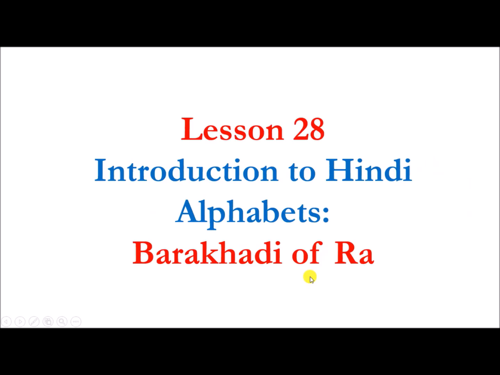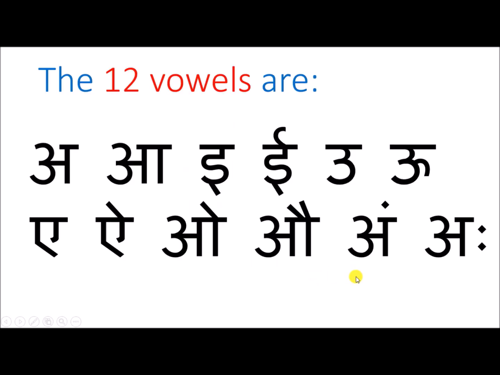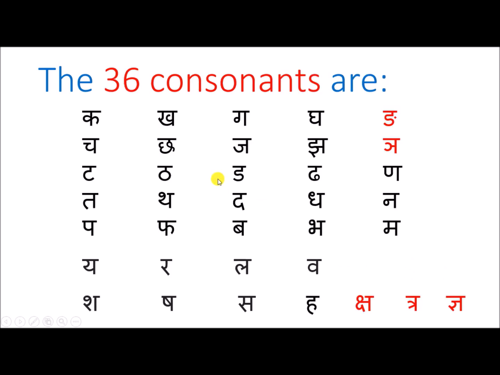Alright, so now the sounds of r. We know about the 12 vowels of Hindi: a, a, e, e, u, u, e, I, o, au, and aha. And we know about the 36 consonants too, right?